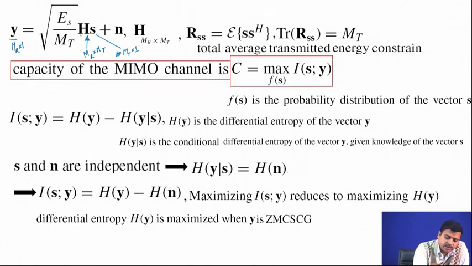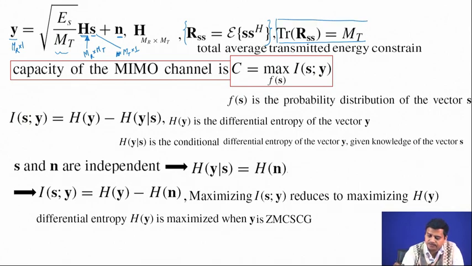The y vector is some scaling times the H matrix times the S vector plus noise, and it is also given that RSS is the signal covariance matrix with a constraint that the trace of RSS is equal to MT. This is an important constraint.